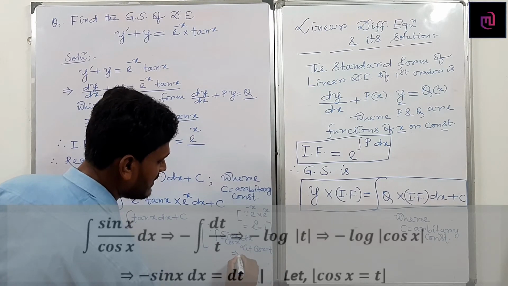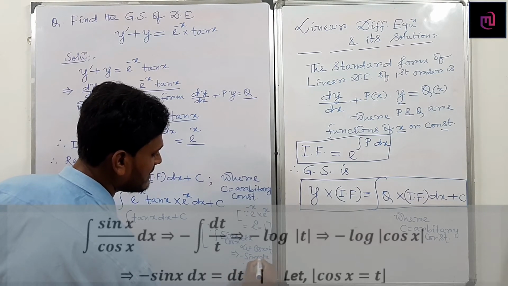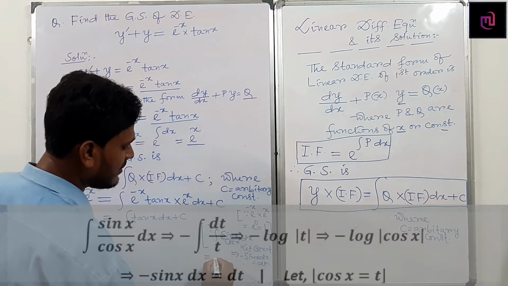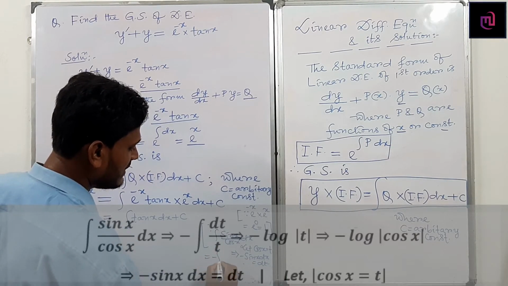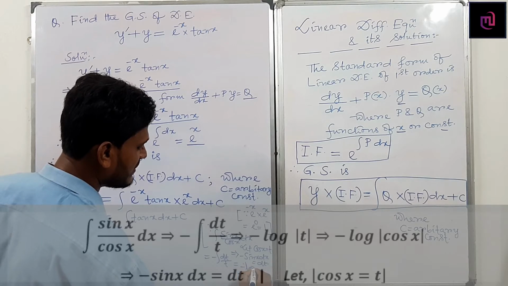So minus sin x dx equals dt. Finally you can write minus integration dt by t, so minus log of mod t.